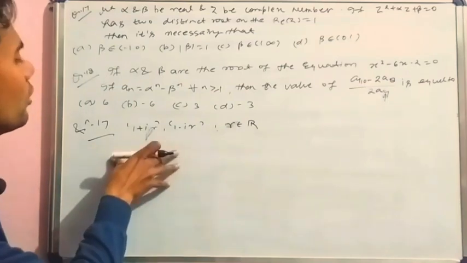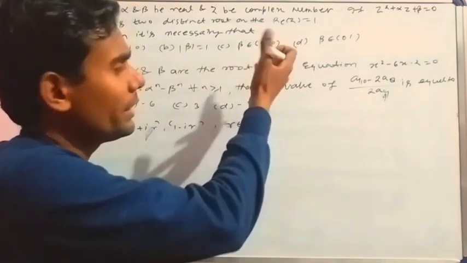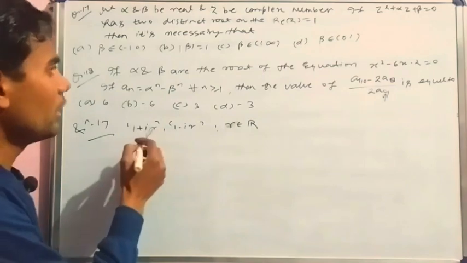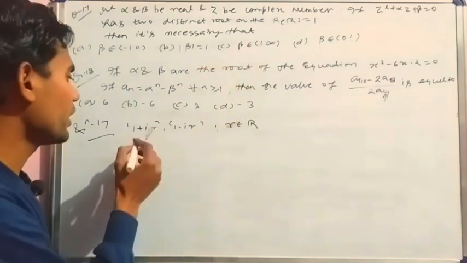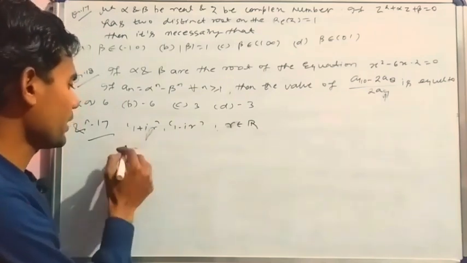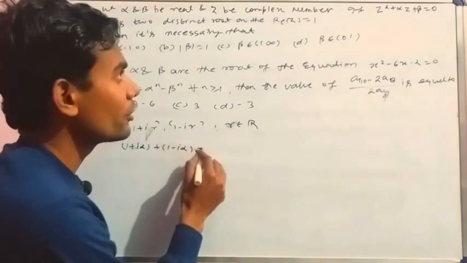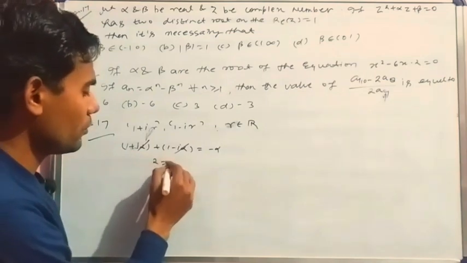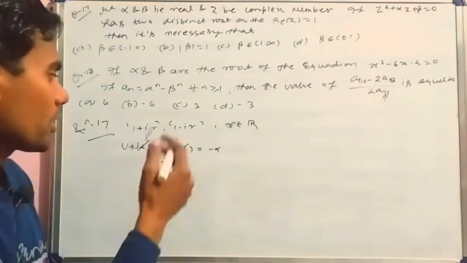Then we find the relation, and then the interval in which beta lies. If we find the sum of the roots, then the sum is (1 + iota r) + (1 − iota r) is equal to minus alpha. The r terms cancel out, so 2 is equal to minus alpha, and alpha is equal to minus 2.